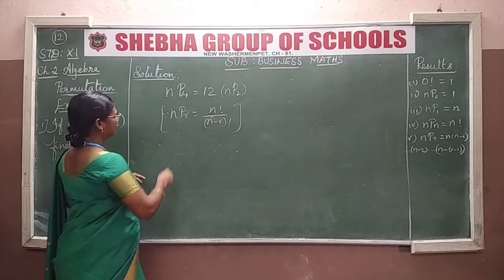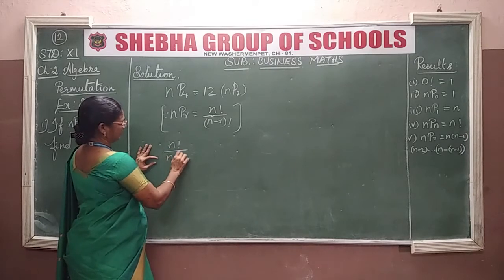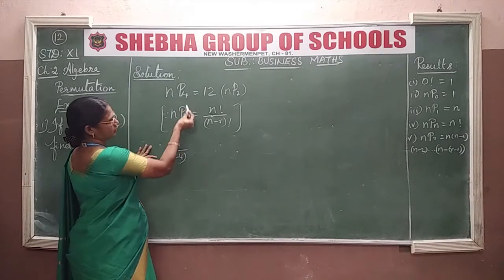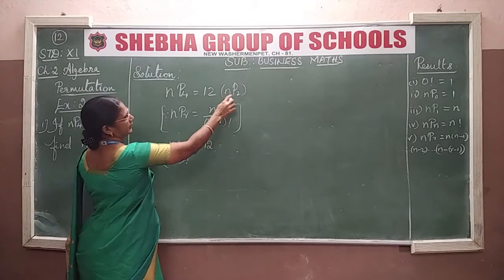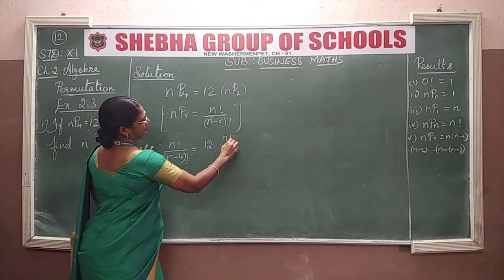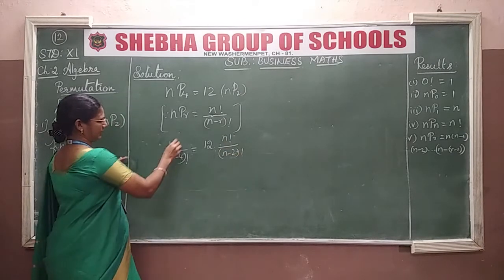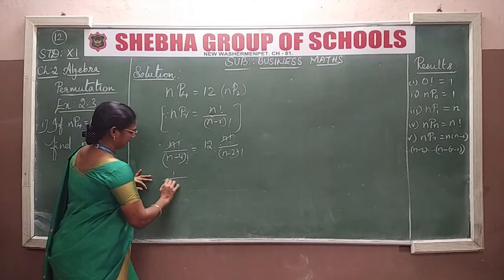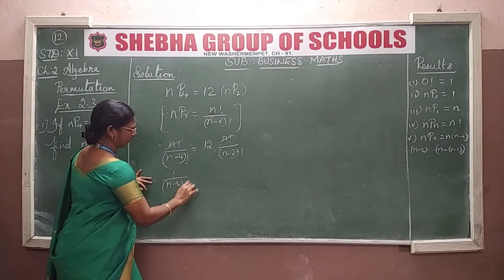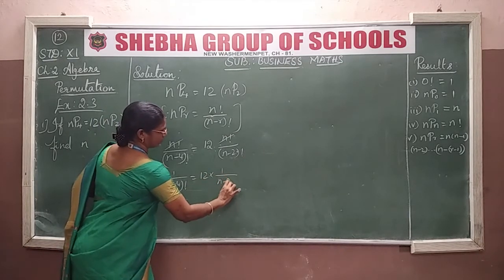So using this, we get first n factorial by n minus 4 factorial, here r is equal to 4, and it is equal to 12 into nP2, which becomes n factorial by n minus 2 factorial. Okay, cancelling n factorial on both sides, we get 1 by n minus 4 factorial equal to 12 into 1 by n minus 2 factorial.